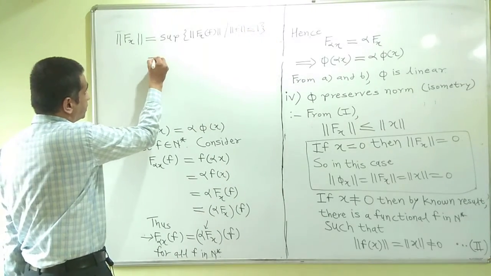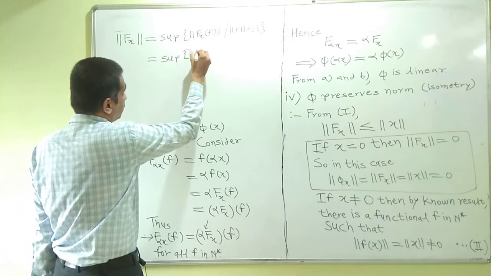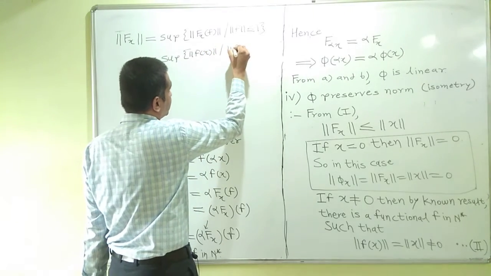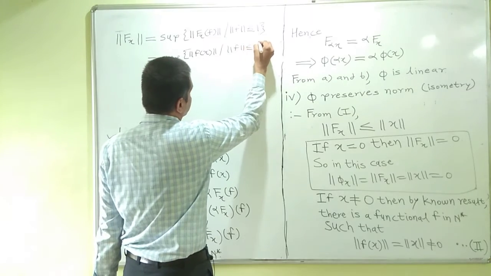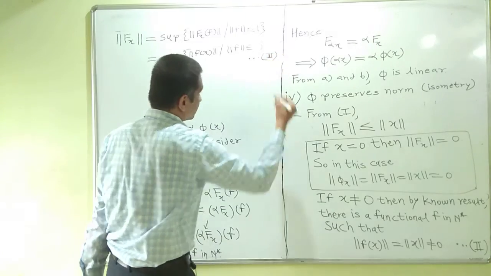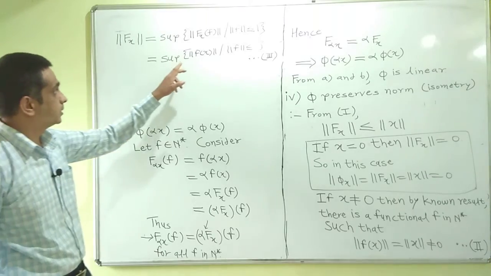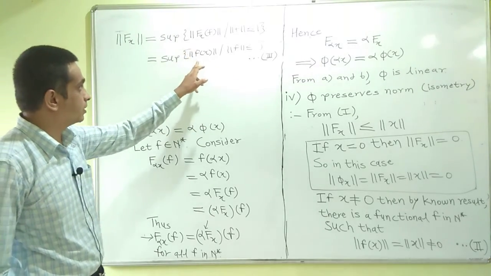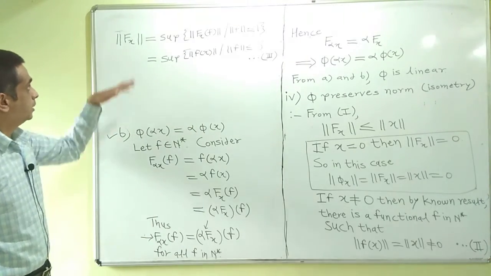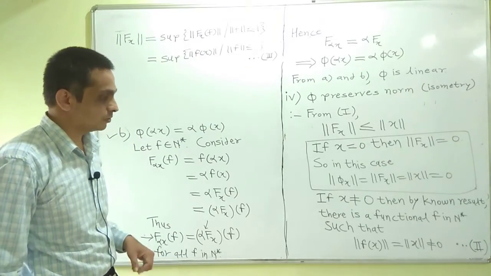This is nothing but the supremum of norm of fx where norm f is less than or equal to 1. Say this is the third statement. What is norm of fx? In this case, in fact, I could write it as mod fx because it is a scalar valued function. So norm of fx is the supremum of this set, mod fx, where norm f is less than or equal to 1.